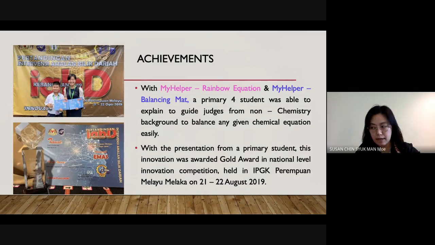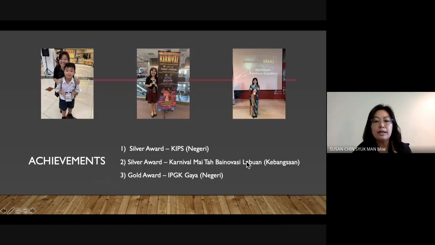This action research also went through a lot of competitions, and it got a gold award during one of the national competitions in Malacca last year. And we also got a silver award during the KIPS. It's a state level gold award last year in IPGK Gaya, and a silver award last year, Peringkat Kebangsaan in Labuan.